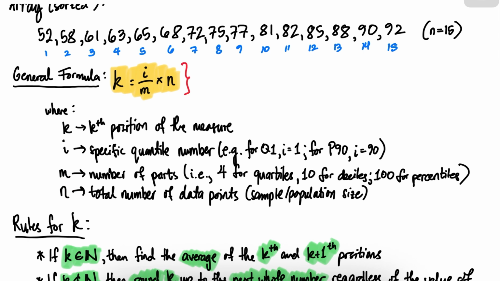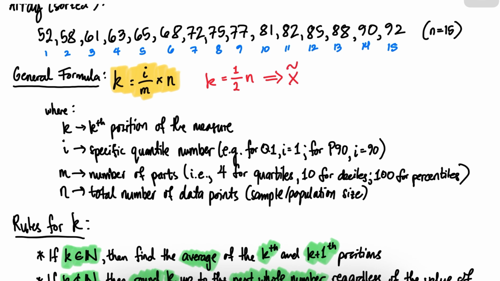This is again similar to how we find the median of the distribution, only that, of course, for the median we divide the distribution into two equal parts, so this would be equal to 1 over 2 times n. We're going to make use of this k for the median, which is the centermost or middlemost value of the distribution.